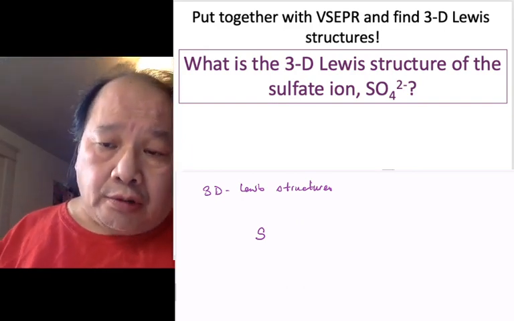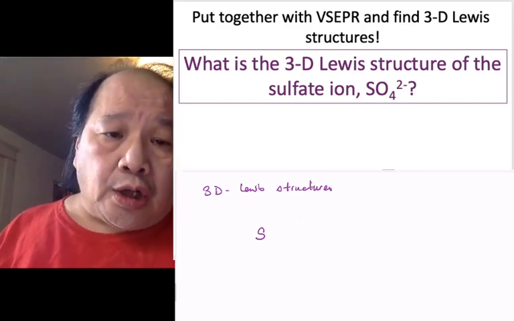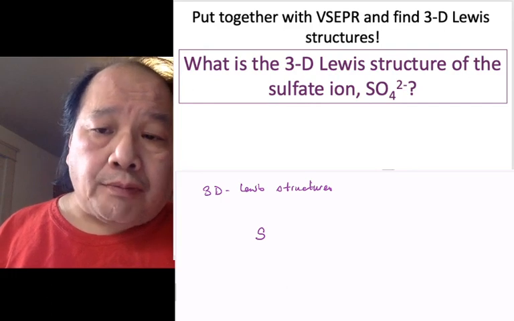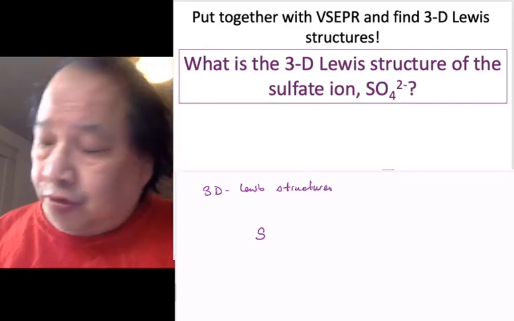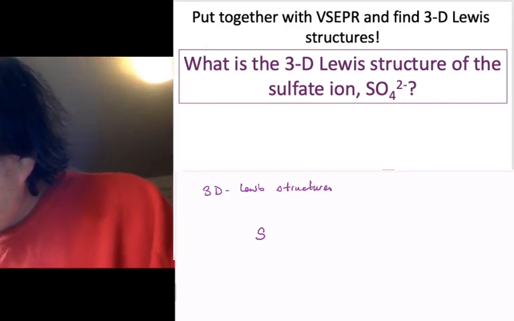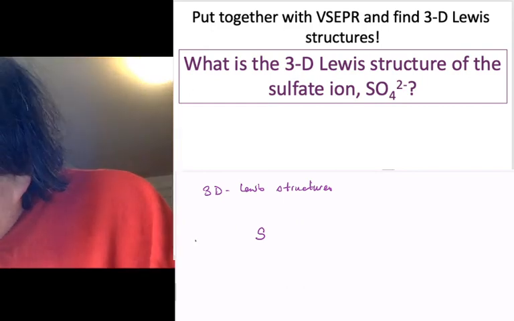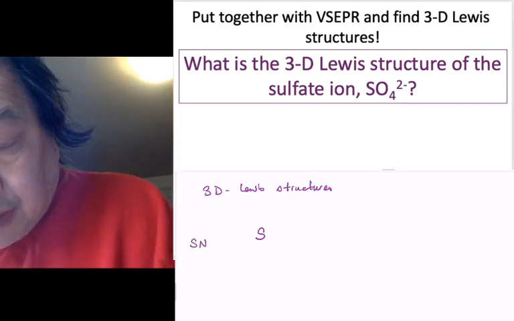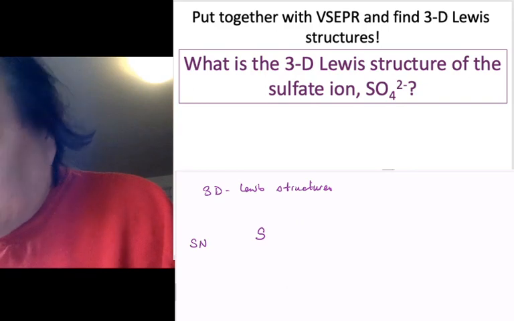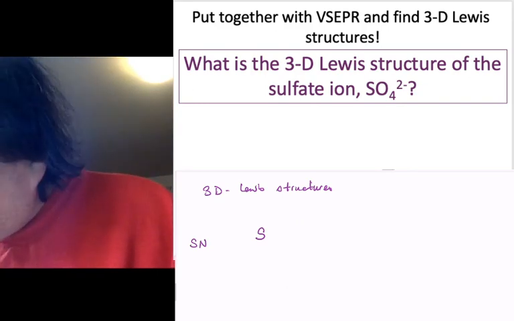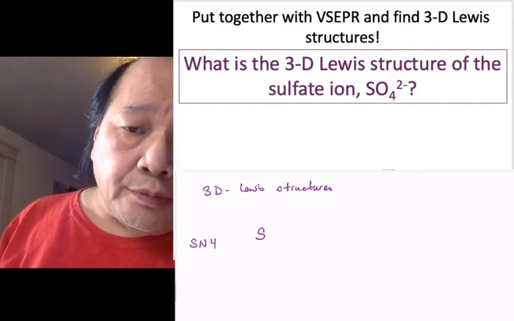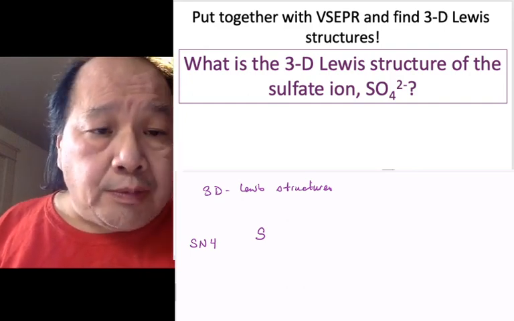Oxygen gives 0. There's a -2 charge. What is the steric number of SO4 2-? Put it in chat. 6 for sulfur, a -2, that makes 8 electrons, divided by 2. Steric number is 4.